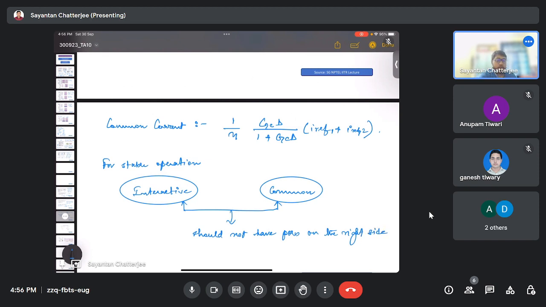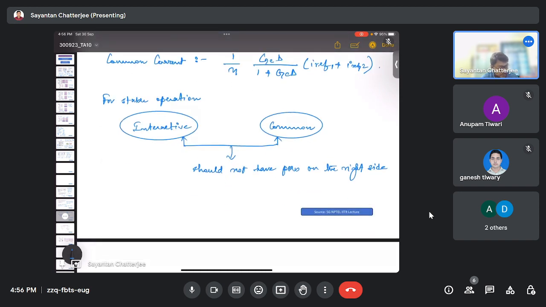As we all know, if we have poles on the right hand side of the plane, that means the system becomes unstable. If the poles are on the j omega axis, then the system is marginally stable. Since we need to operate in a stable mode of operation, all the poles should be on the left hand side, and on the right hand side it is unstable. Okay.